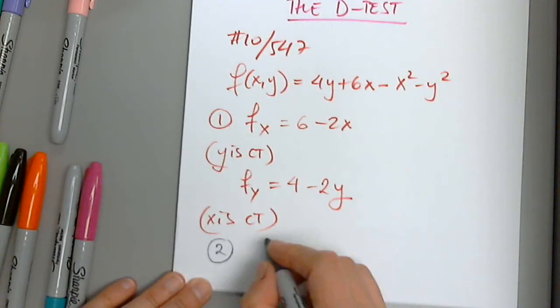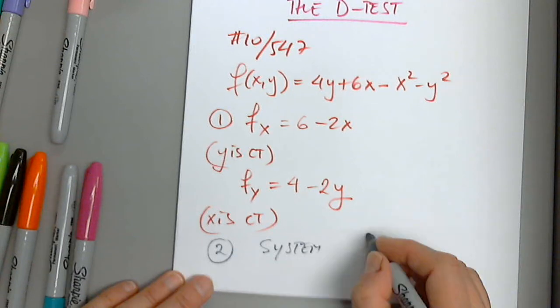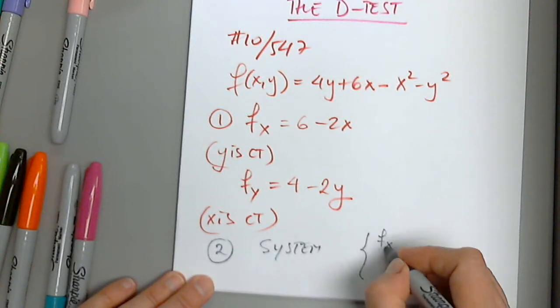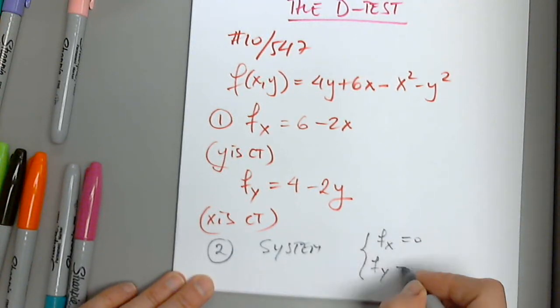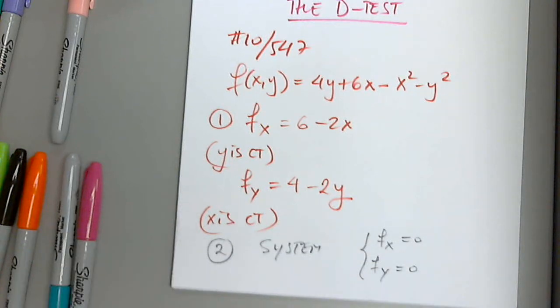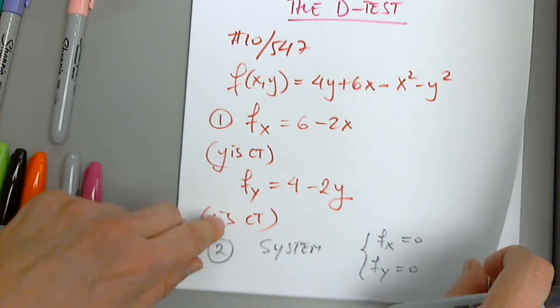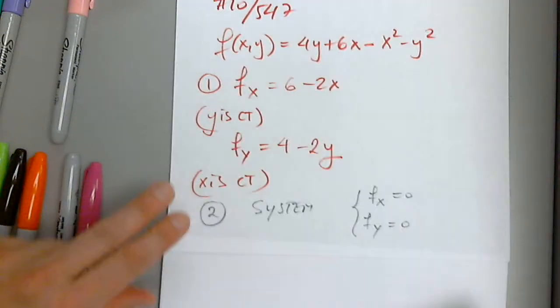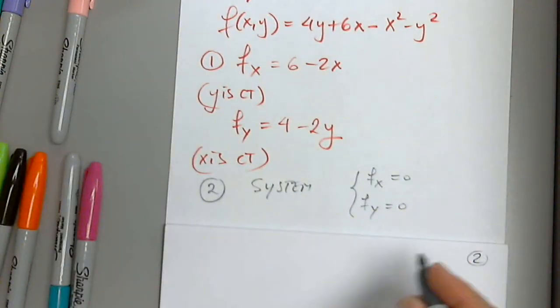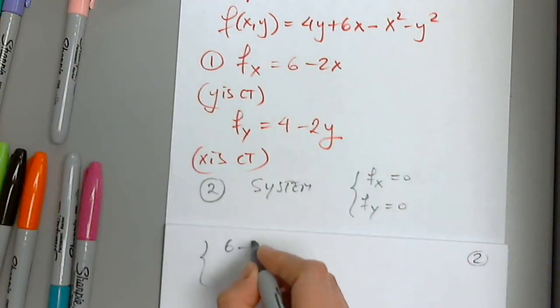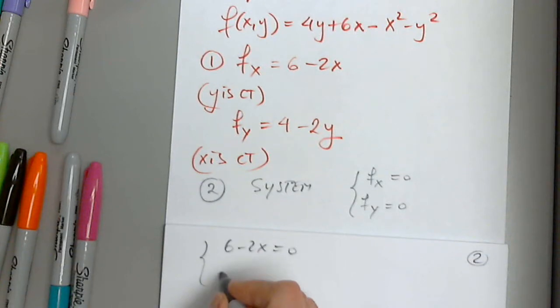We want to create a system of equations from fx equals 0 and fy equals 0. We have them. We just determined them in the previous step. So now we are going to write 6 minus 2x equals 0 and 4 minus 2y equals 0.